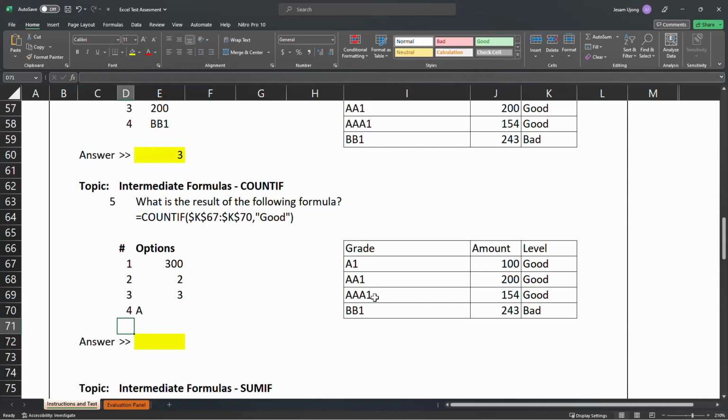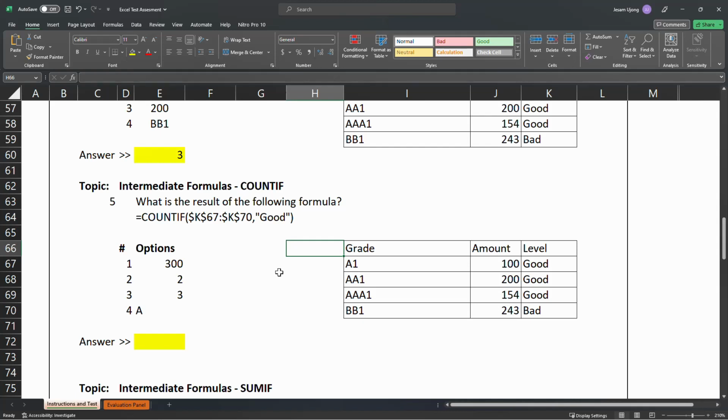Okay, Femi Ajayi, can you explain to us? Let's hear how you got it. We're trying to count, so it's COUNTIF. There is a lock on the cells.